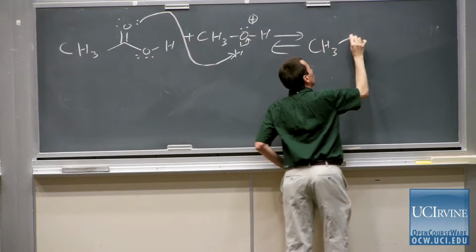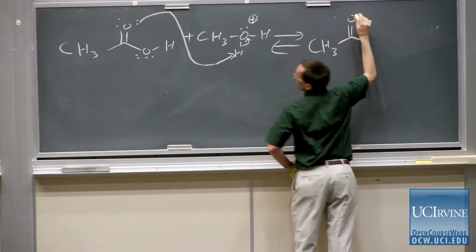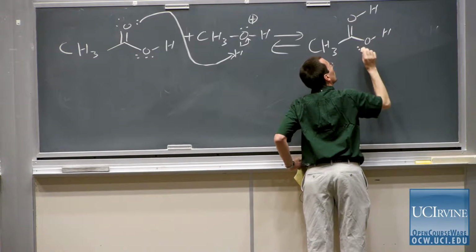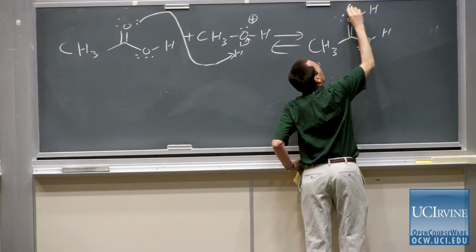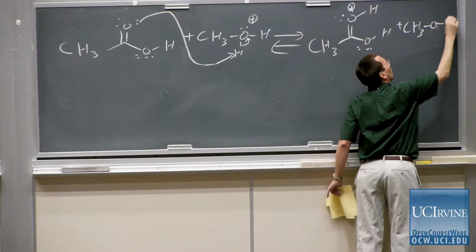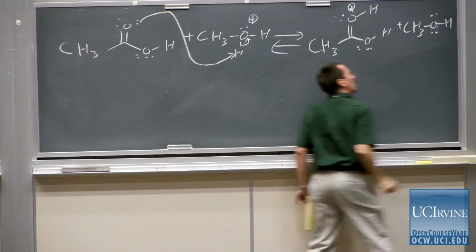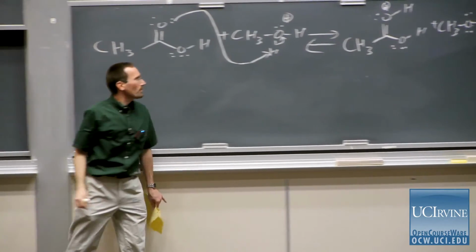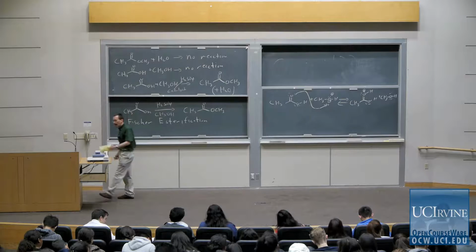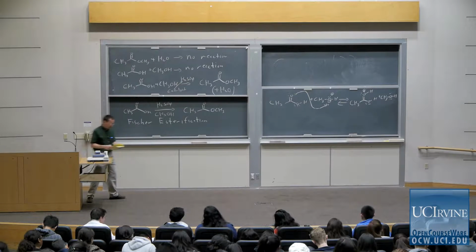We generate protonated acetic acid, plus methanol. I'm not always good about writing my lone pairs, but I'll put my lone pair of electrons back onto the oxygen where they belong.